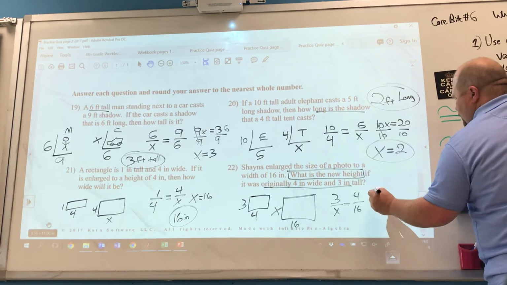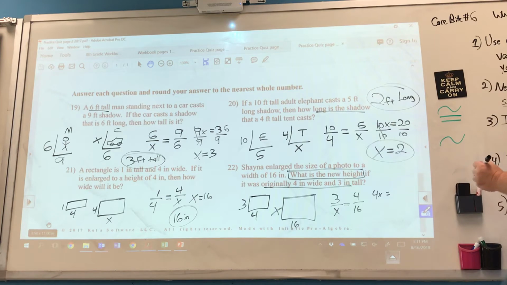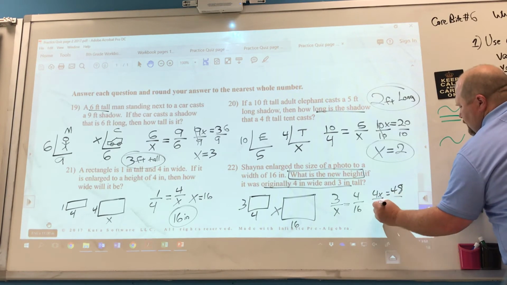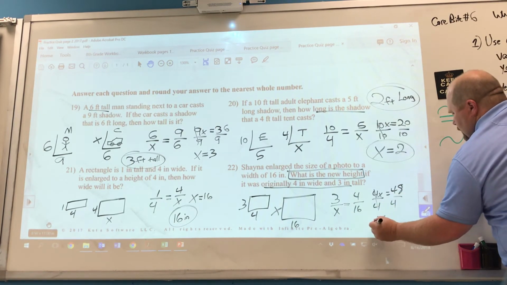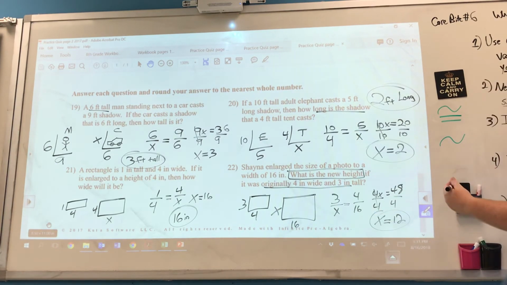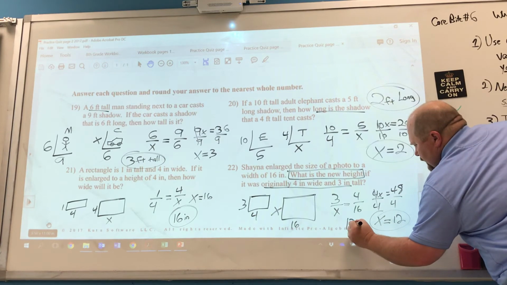Alright, x times 4 is 4x. 3 times 16, let's say that's 32, plus another 16. So 48. And we need to divide both sides by 4. So x equals 12. Alright, and I should go ahead and finish this off and say 12 inches.